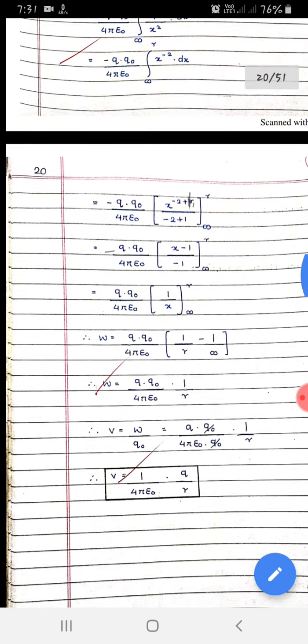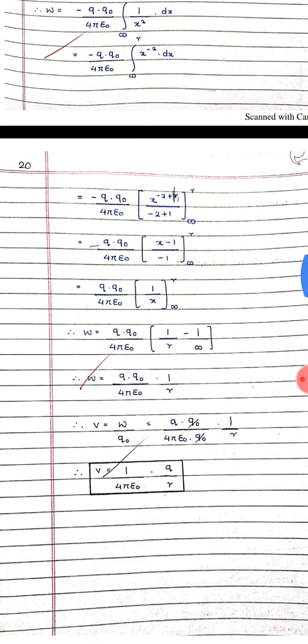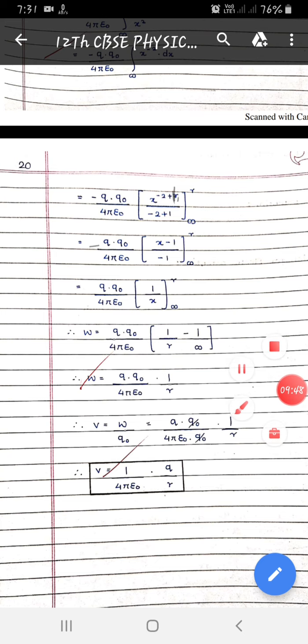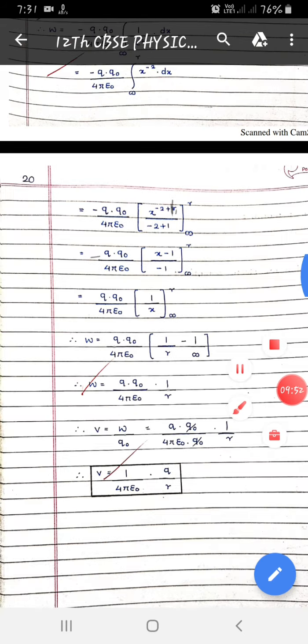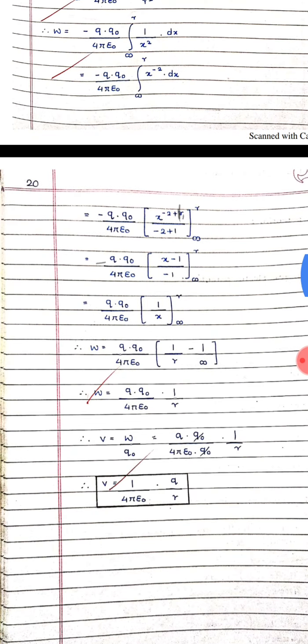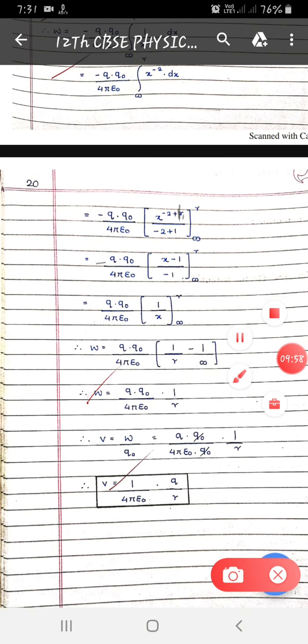Now just concentrate on the previous step: minus q0 upon 4 pi epsilon naught.